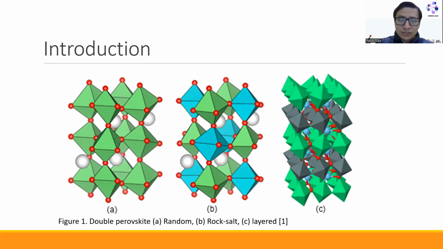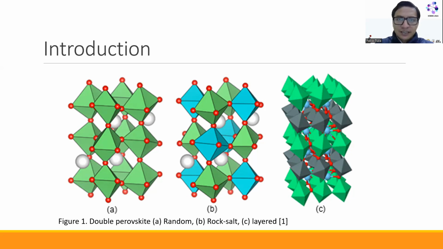The perovskite structure can be represented by octahedra sharing corners, in which the B cations are in the center of the octahedra. The oxygens are at the vertices of the octahedra, and the A cations are in the cavities between octahedra.